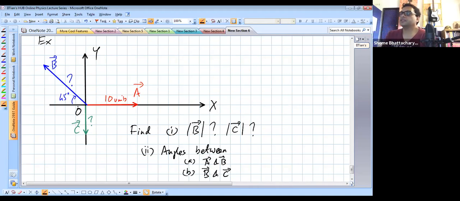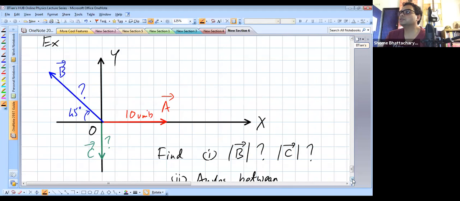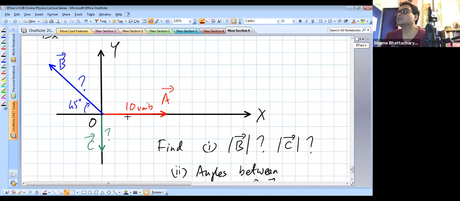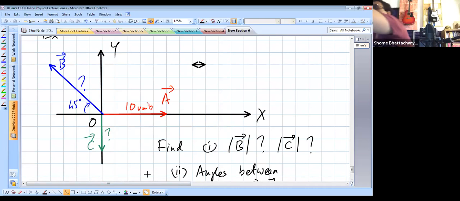Okay, so let's understand how we will do an exact calculation of the magnitudes here. Most of you got it correct who have replied to me. Okay, so see, if this whole thing is 10 units, this is how many? 1, 2, 3, 4, 5 boxes. So that means one side here is basically of how much length?